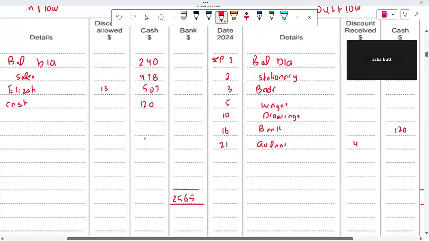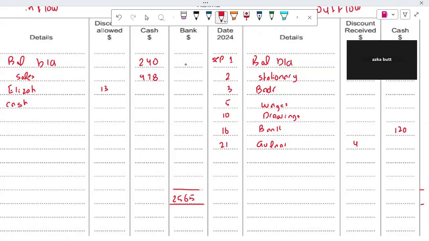Okay, so basically I made one mistake here. This amount which we received, we need to write it here. We received the check from Elizah, so we have to write it in the bank column.